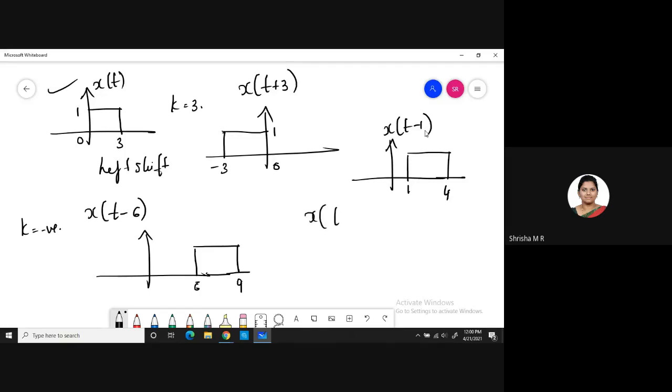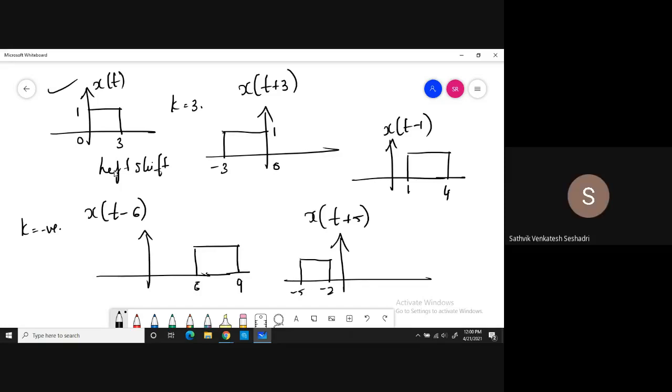So x of t plus 5, from where will it start? From -5 to -2. Correct? Yes or no?